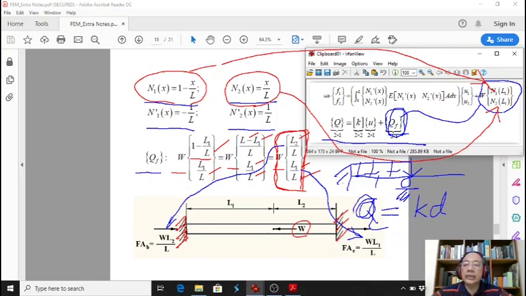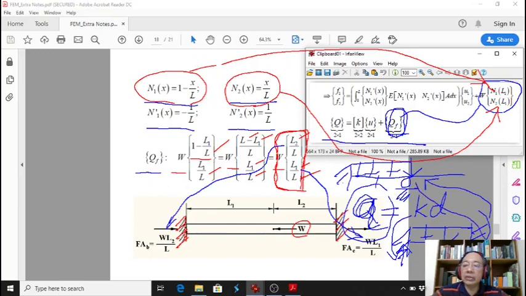So Q here, we take from this: we simplify the beam as fixed first, and then after that we find the reaction. This is the reaction from the fixed end beam. Then after that we transfer to here. This becomes the nodal load.